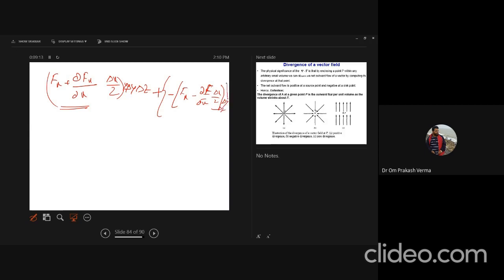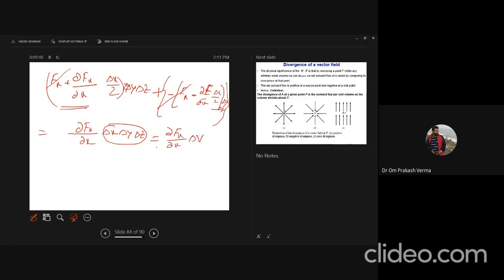This is ready now. Yes or no? When you add both terms, this term and this term cancel out. This minus becomes plus, and overall it becomes del f by del x. Delta x by 2 into 2 becomes 1, simply delta x. So it becomes delta x, delta y, delta z. And what is this delta x delta y delta z? It is simply the volume. So it becomes del f(x) by del x into delta V.